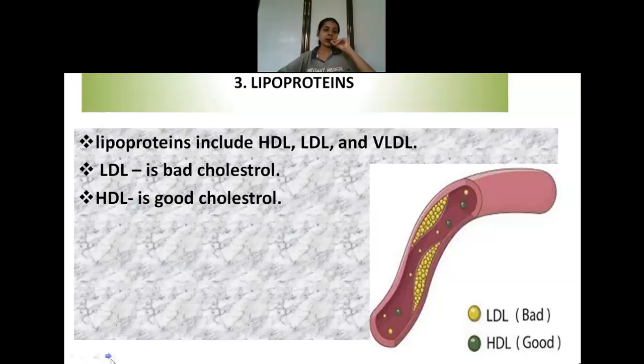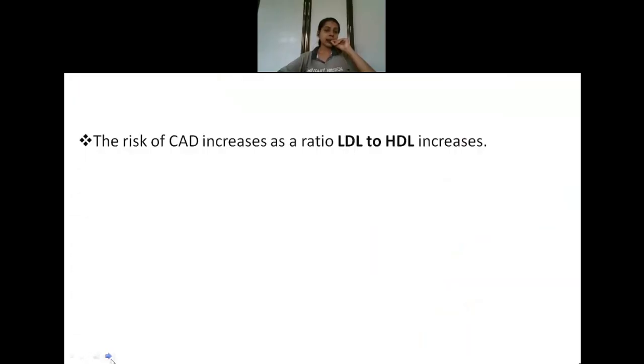This is mainly regarding the lipid profile. Also, when they are checking LDL and HDL levels, they will also see the ratio of LDL and HDL. The ratio should not be very high. That is also necessary.